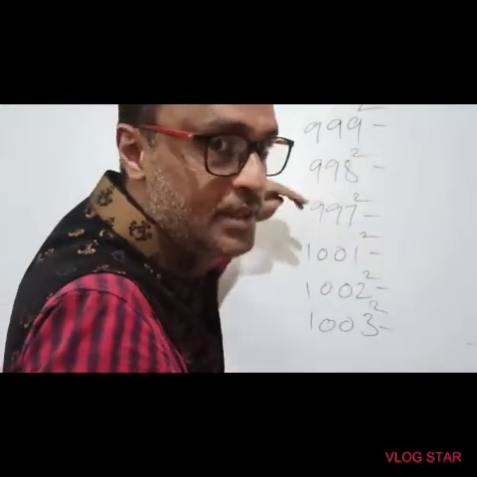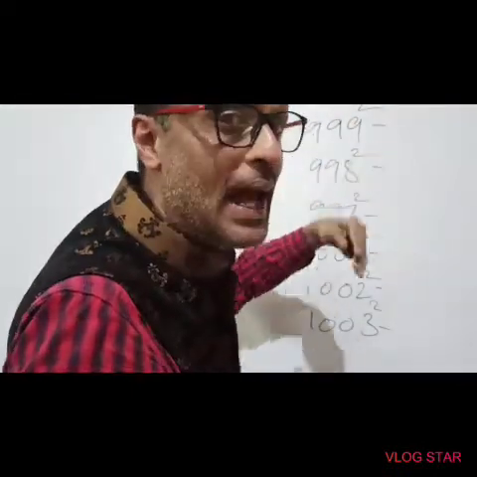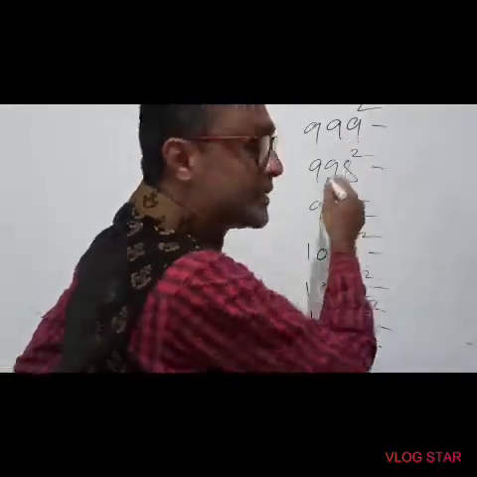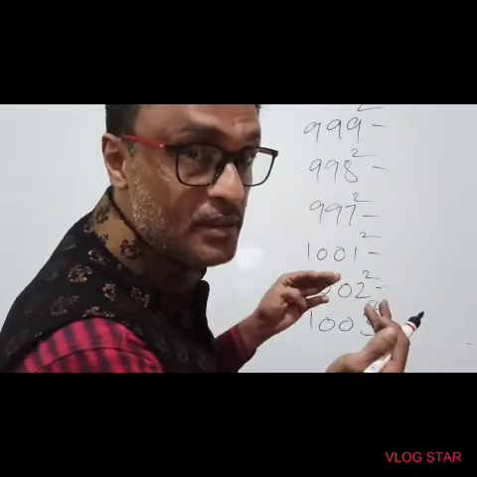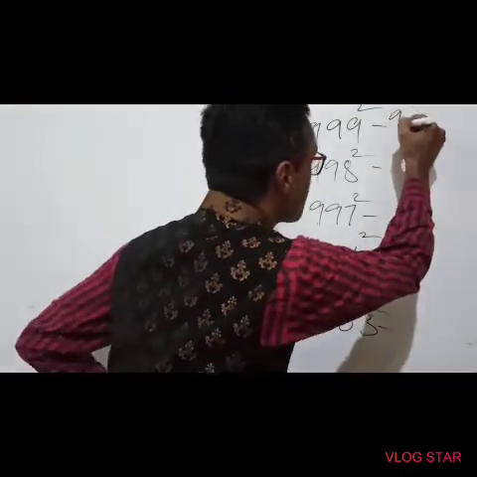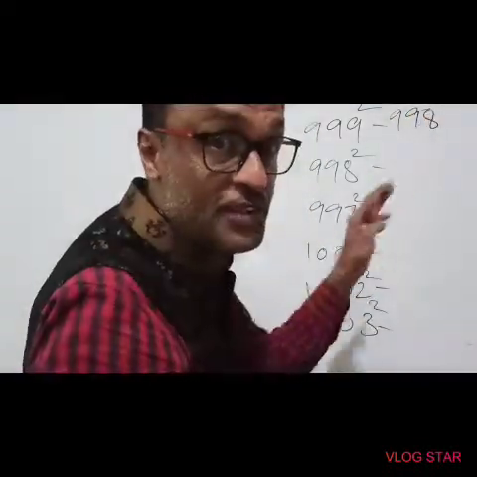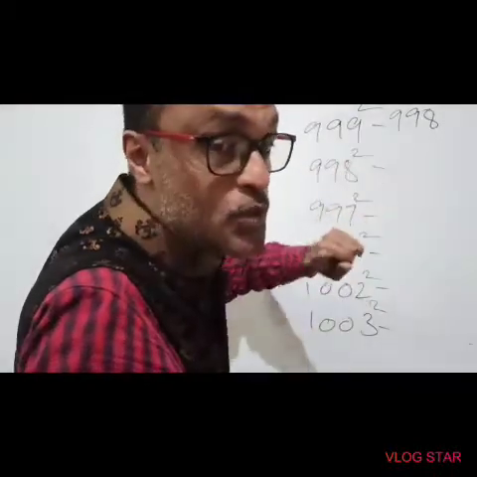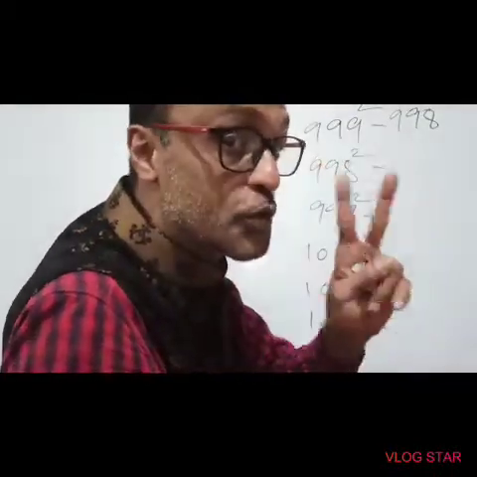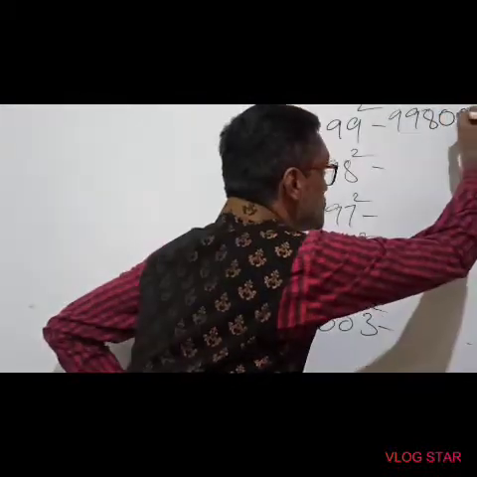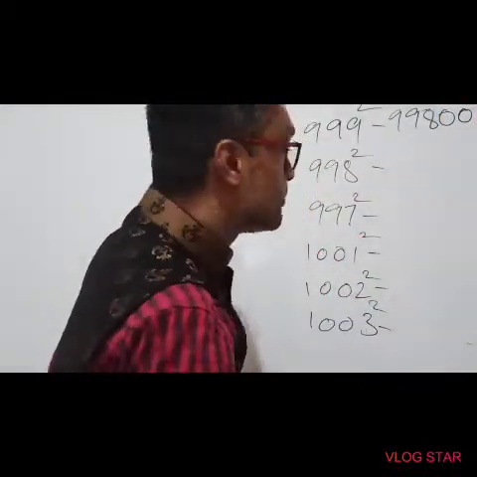If it is below 1000, subtract. If it is above 1000, add the numbers. 999 to 1000, difference is 1. So subtract: 999 minus 1 is 998. Half the answer we got. The difference is 1. What is 1 square? Should not put just 1, because there are three 9s here. You have to put 2 zeros: 0, 0, 1. That's all.